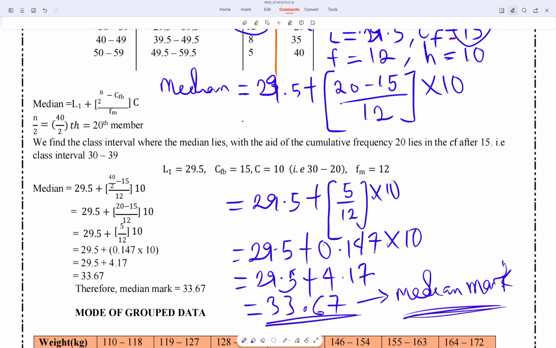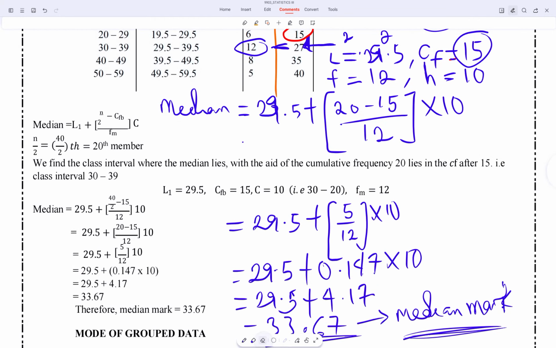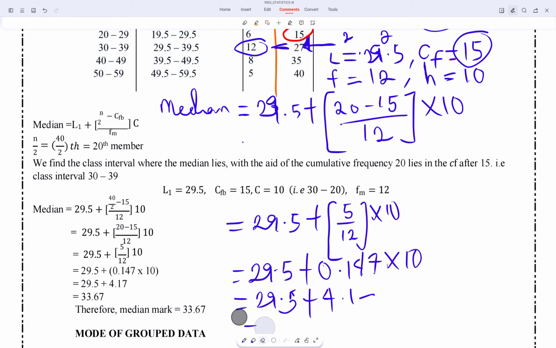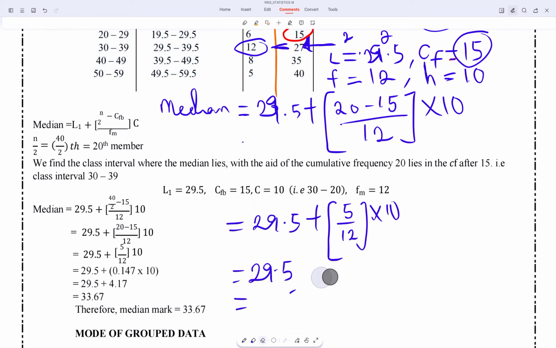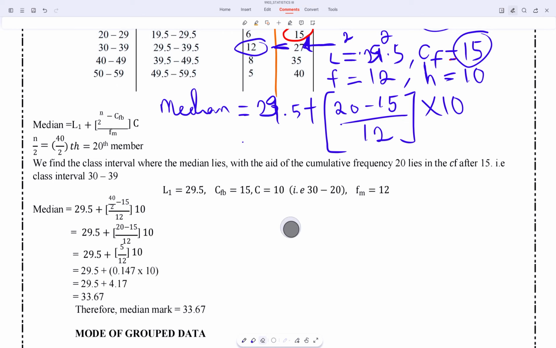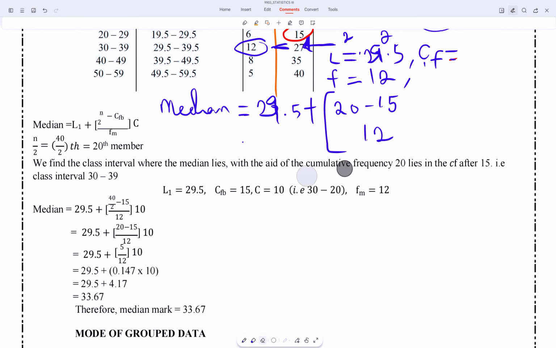All right, so let's clean what we have here so that we can go into another example. All right, don't forget to watch this video in a very calm state of mind, so that you can have a proper understanding of what I'm trying to explain. Is that okay? All right, so I'm going to look at another example now.